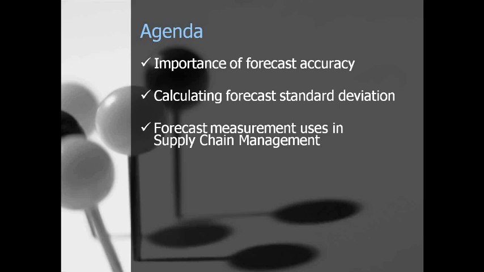Then we looked at one tool, and there are several, for calculating the accuracy of a forecast in this environment, and that was the standard deviation. And from there, we wrapped up with, okay, now that we have the standard deviation, how can we use that to figure out how much safety stock to put in to meet management's requirement for customer service level, and or we can use that to drive further improvements in the techniques and accuracy that sales and marketing is using to forecast the product.